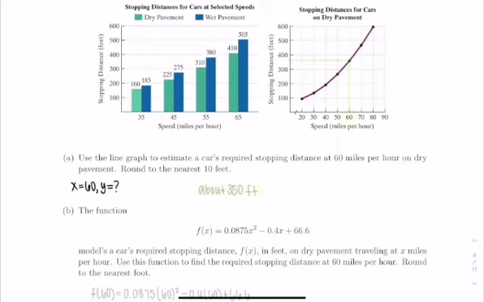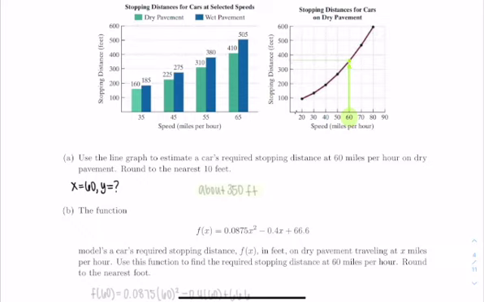So looking at our line graph, we want to look at x equals 60 and see what value of y we have on the graph. We want to travel up our vertical line until we hit our graph.